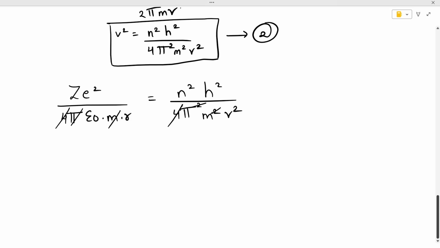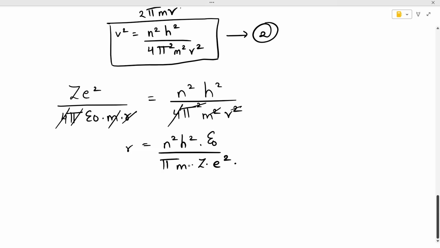From here one m, here one m, and from here one r gets cancelled. Now we'll move this r here, and we'll be having n square h square upon 4 pi square m epsilon naught, pi m and then Z times e square.